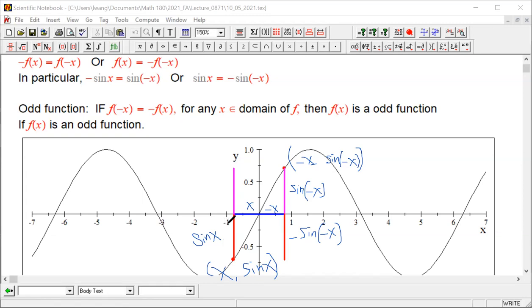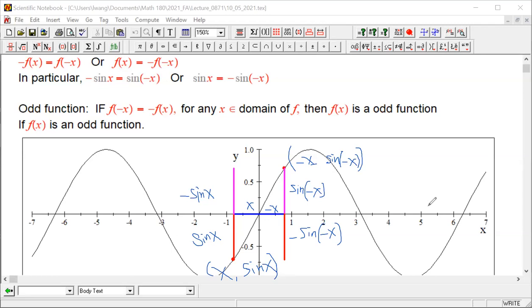By the same token, if I flip over this piece of red, I get the purple. This red is sine x, so if I flip over, it becomes negative sine x, because it's opposite. And these two purples are the same. So negative sine x is equal to sine of negative x.